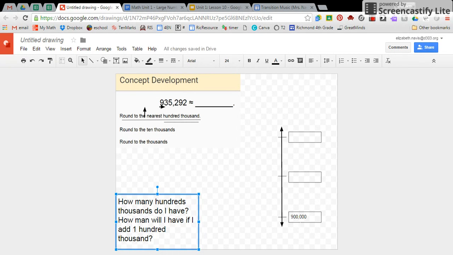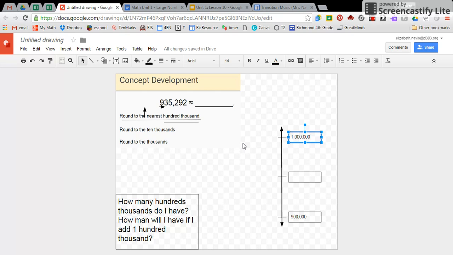So if I add 100,000 to 900,000, what am I going to end up with? I'm going to end up with 10,000,000s. Now, just like when we used our place value chart, I am going to regroup those 10,000,000s, and I'm going to get 1,000,000.